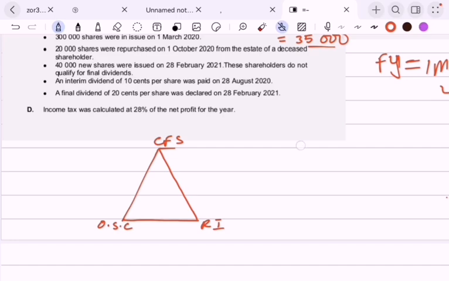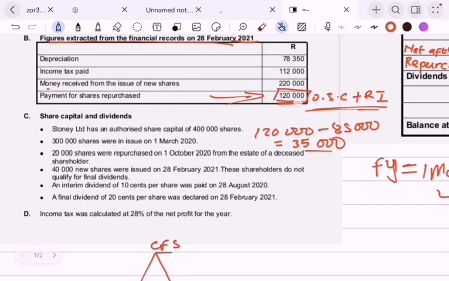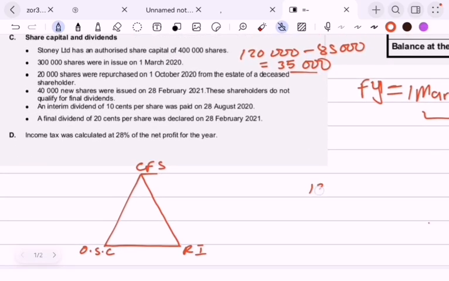So remember 120,000. This is the total amount of money that we have paid towards our repurchase shares. So you can just say 120,000 divided by your 20,000. You will get your $6. That is your cash flow statement. Beautiful. This is the amount that we use usually when we're completing our cash flow statement.